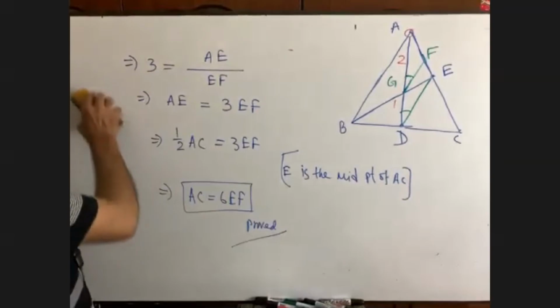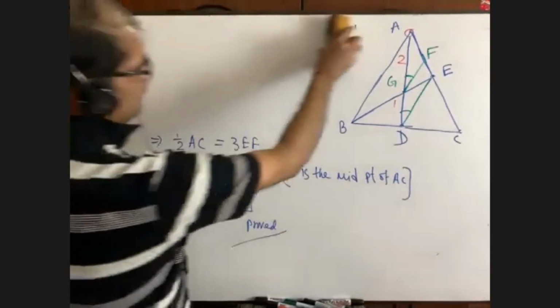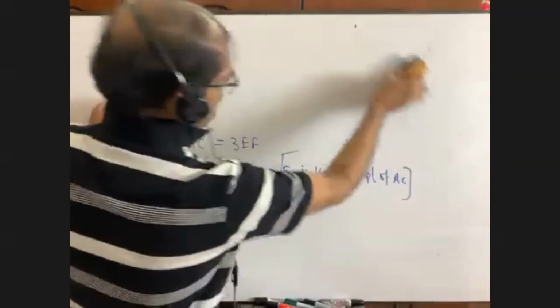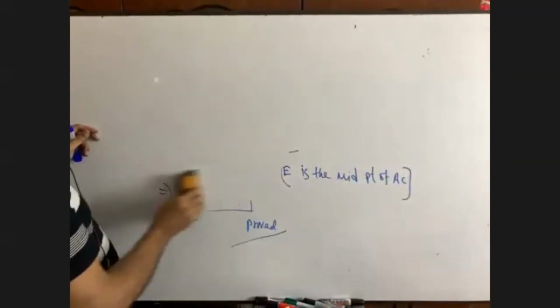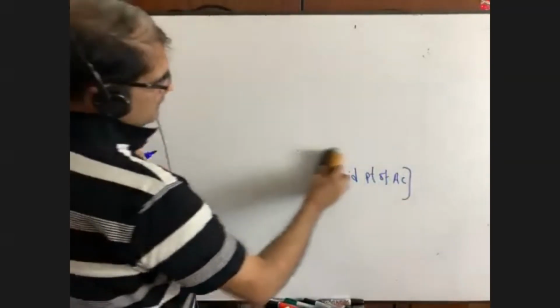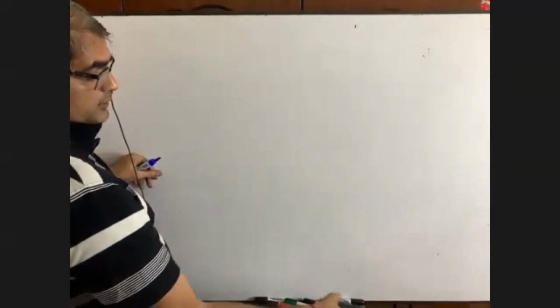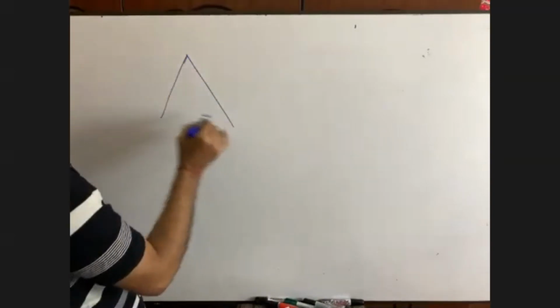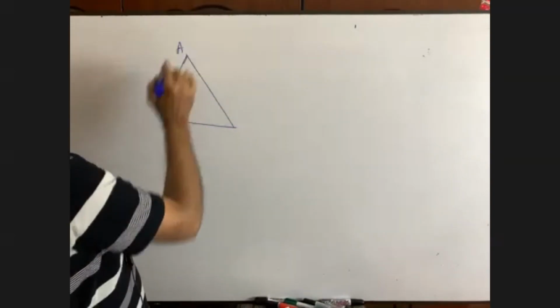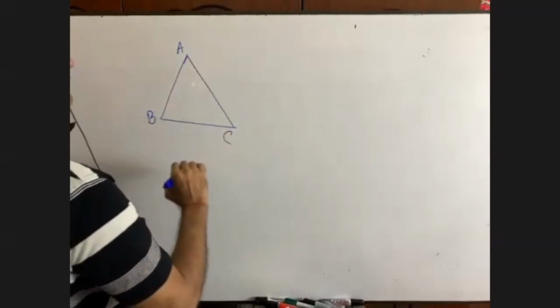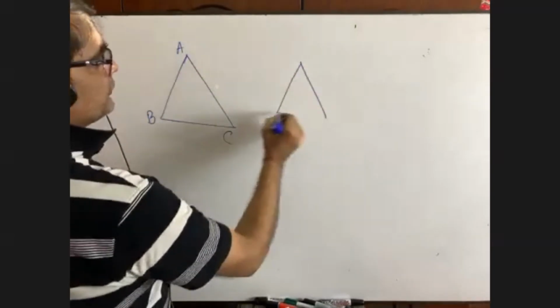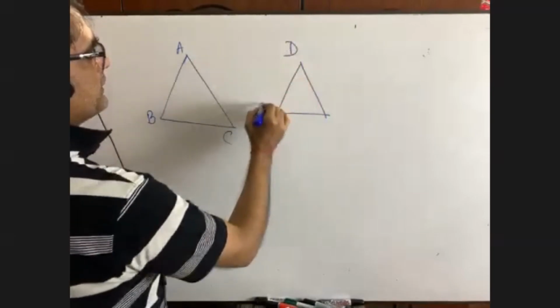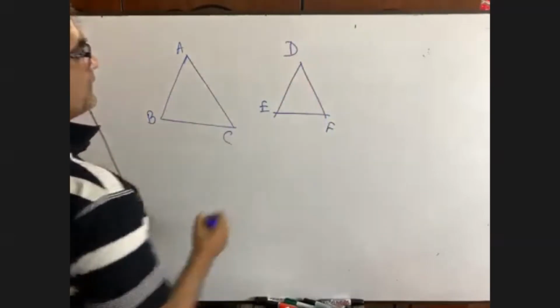One thing is to be told here, because in the next exercise or in the exercise of 3.2 in higher mathematics, when you will do it, you will have to face always one thing. Suppose it is a triangle ABC and another triangle DEF.